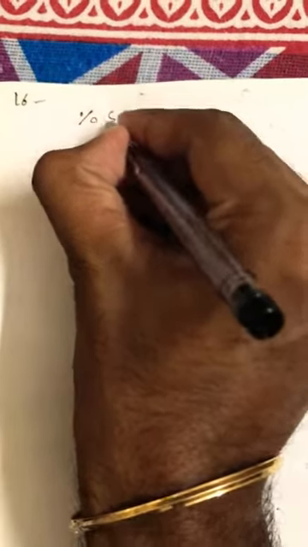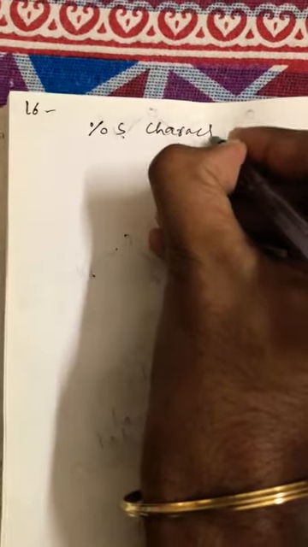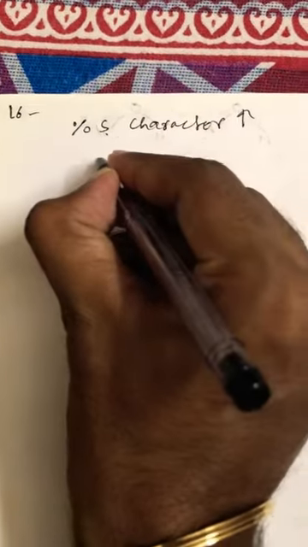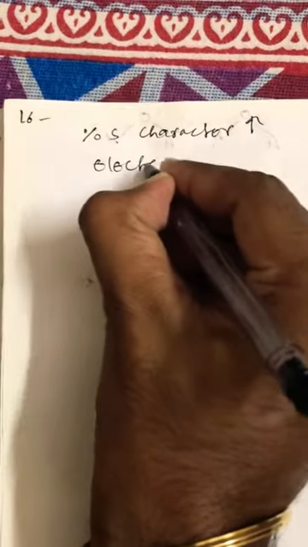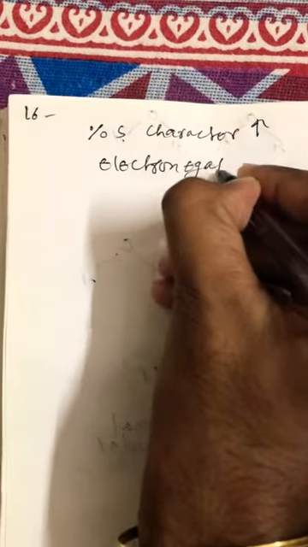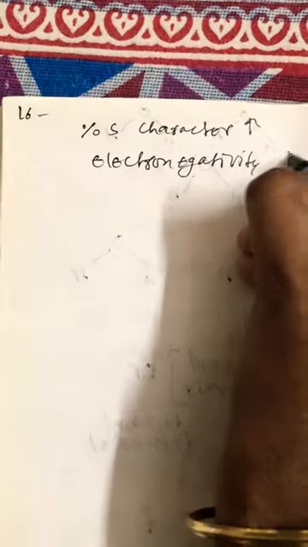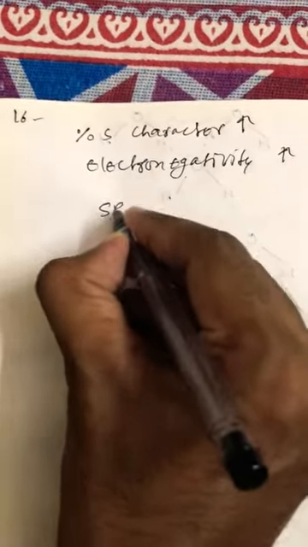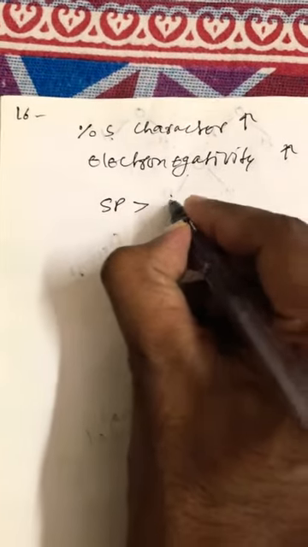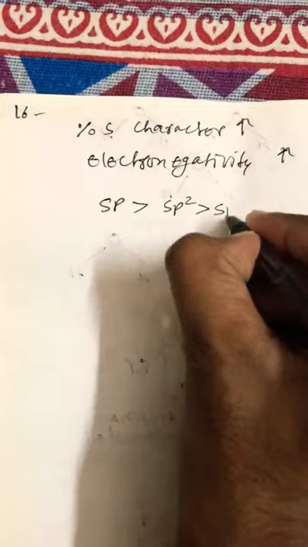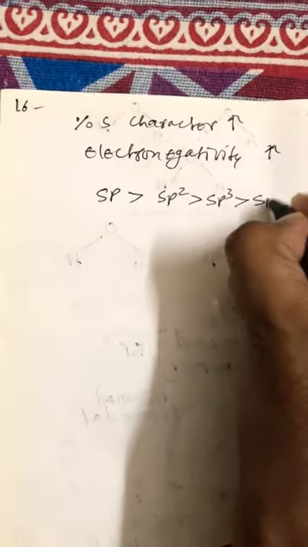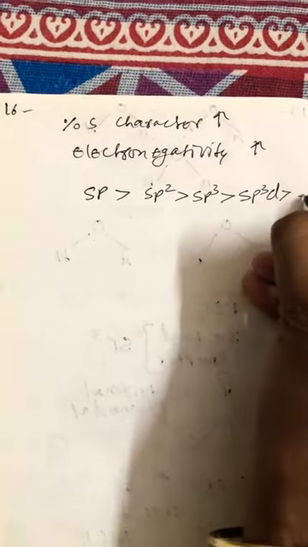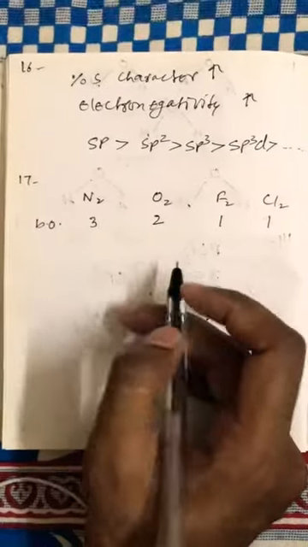As percentage s character increases, electronegativity increases. That is, electronegativity of sp is greater than of sp2 is greater than of sp3 is greater than of sp3d, and so on.